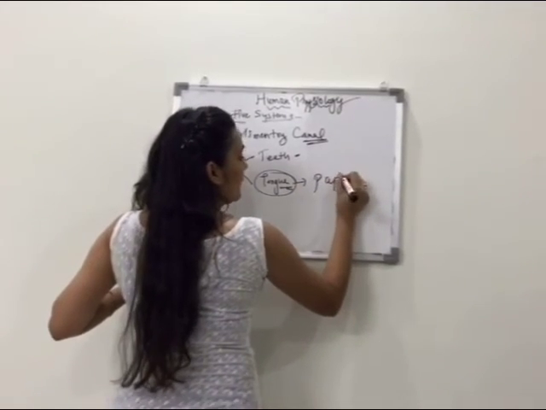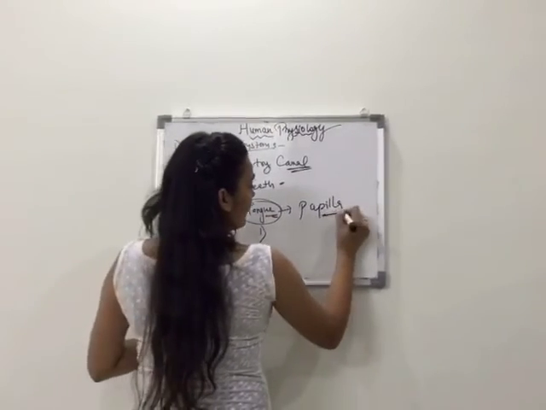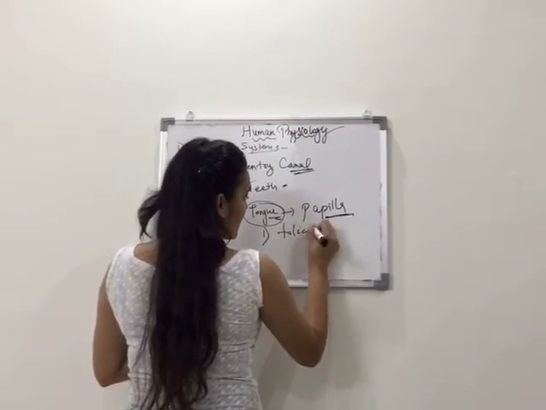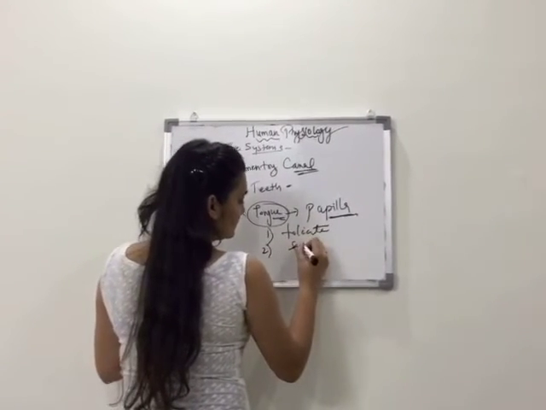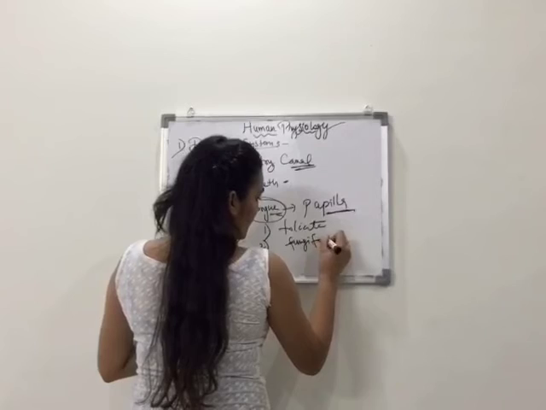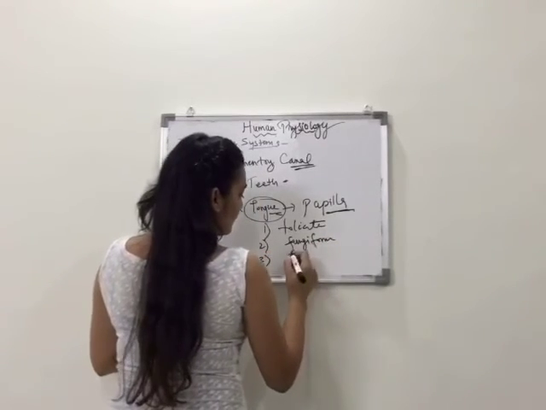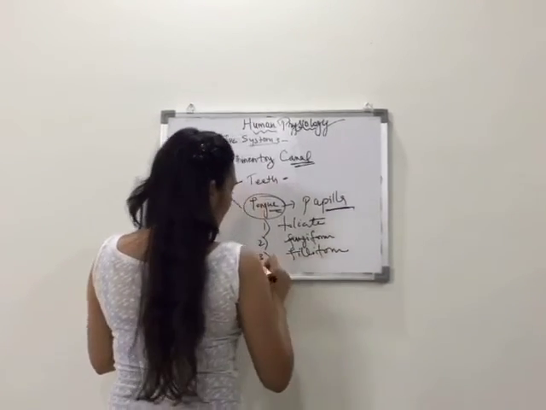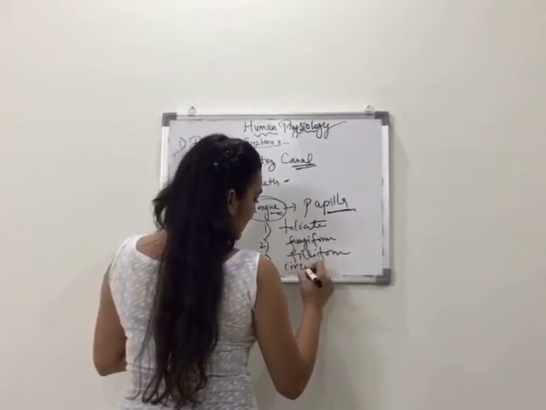There are four types of papillae on the tongue. The first is foliate, the second is fungiform, the third is filiform, and the fourth is circumvallate papilla.